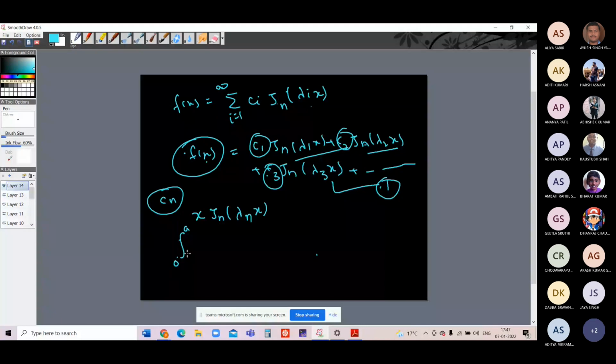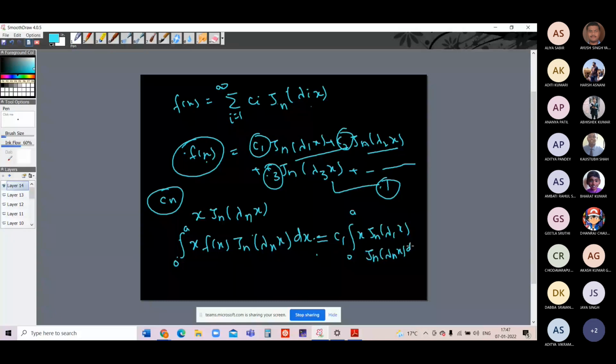The left side is the integral from 0 to a of x f(x) J_n(lambda_n x) dx, which equals c1 times the integral from 0 to a of x J_n(lambda_1 x) J_n(lambda_n x) dx, plus c2 times the integral from 0 to a of x J_n(lambda_2 x) J_n(lambda_n x) dx, plus so on. The nth term will be c_n times the integral from 0 to a of x J_n squared(lambda_n x) dx.